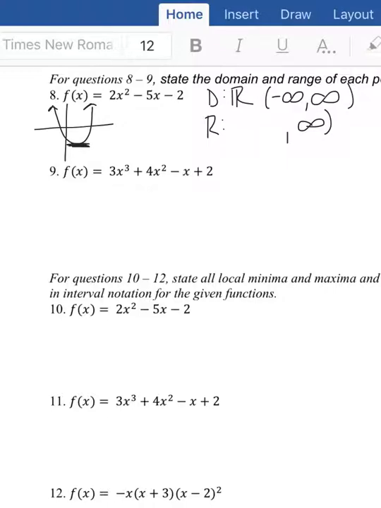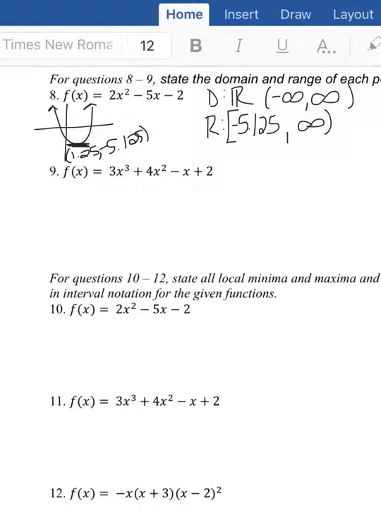So I'm going to go on the left side of the point, then press enter, go to the right side of the point, press enter, guess, press enter, and it gives me, you can pause it now if you have to do that, but I just typed it in and I end up getting 1.25 comma negative 5.125. So again, I really only care about the y value because this is the range. So this is negative 5.125, and it includes it because, again, it goes through that point.